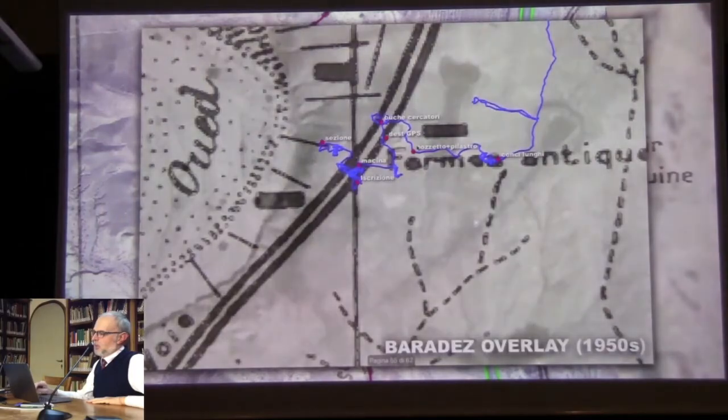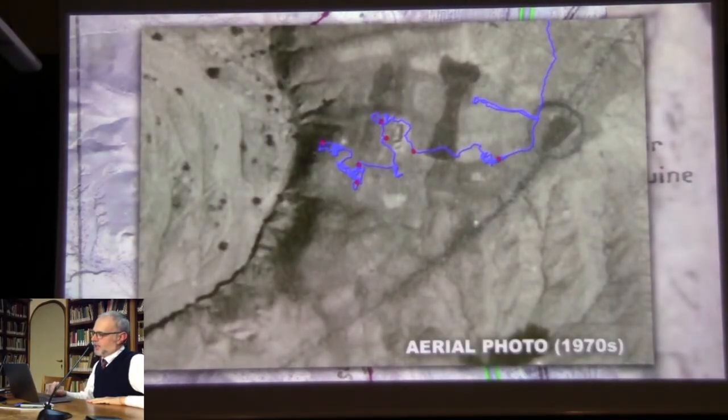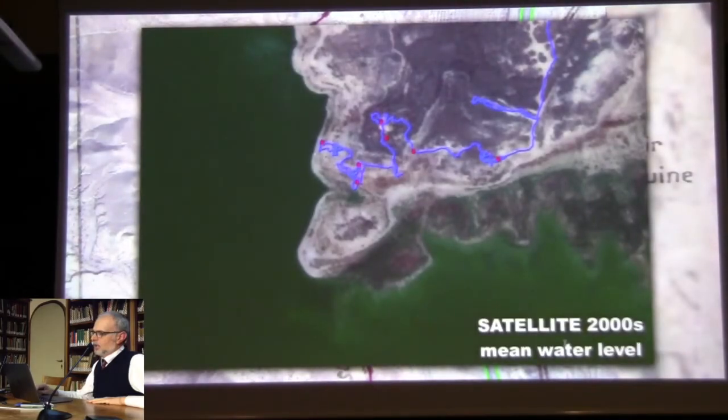Then I am overlaying all our findings on the photos of the 70s and on the more recent photos from the satellite. The water of the basin goes up and down with the use of the dam. This is the normal level, which was the one when we went there.